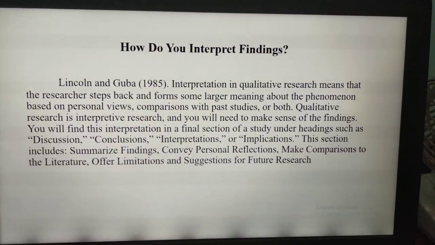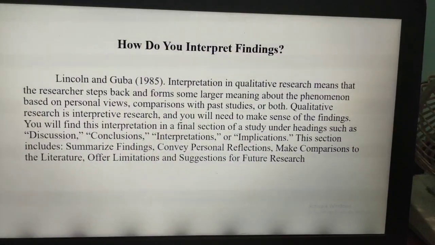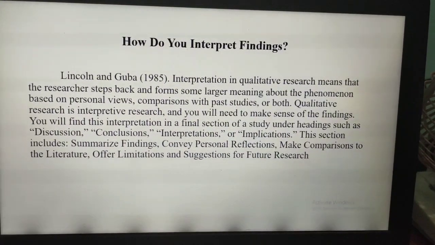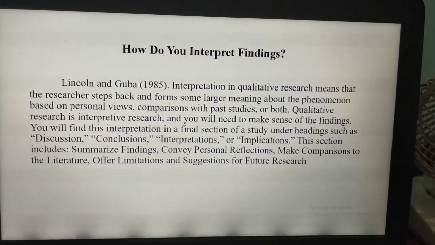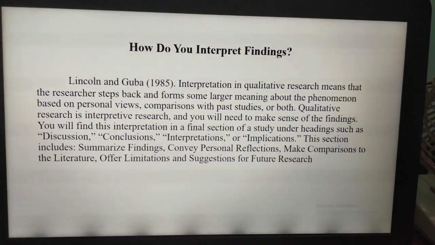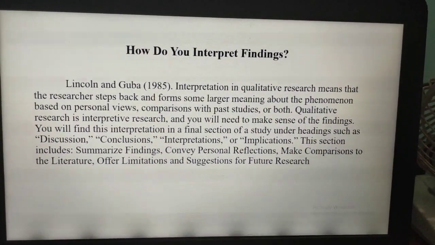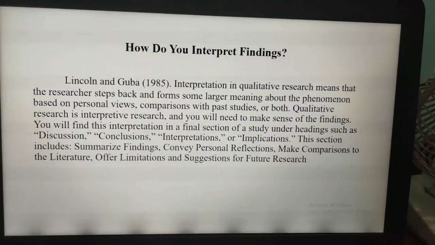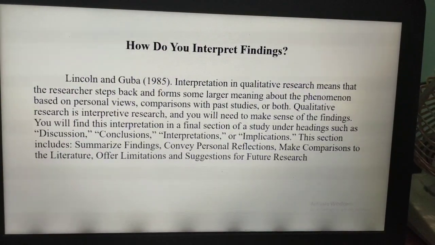Okay. Next page is how do you interpret findings? Interpretation involves making sense of the data, or the lessons learned, as described by Lincoln and Guba. Interpretation in qualitative research means that the researcher steps back and forms some larger meaning about the phenomenon based on personal views, comparisons with past studies, or both.